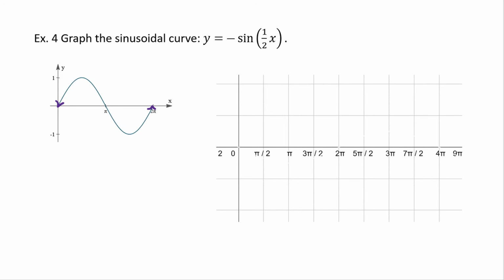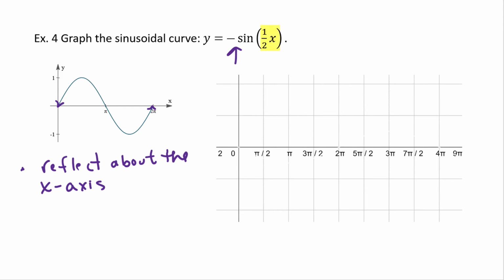Now, let's look at what we've got. The negative in front of the sine tells us that it is reflected or flipped over, however you want. Reflect about the horizontal axis, the x-axis, okay? And the other thing we have to work with is the 1/2 x.